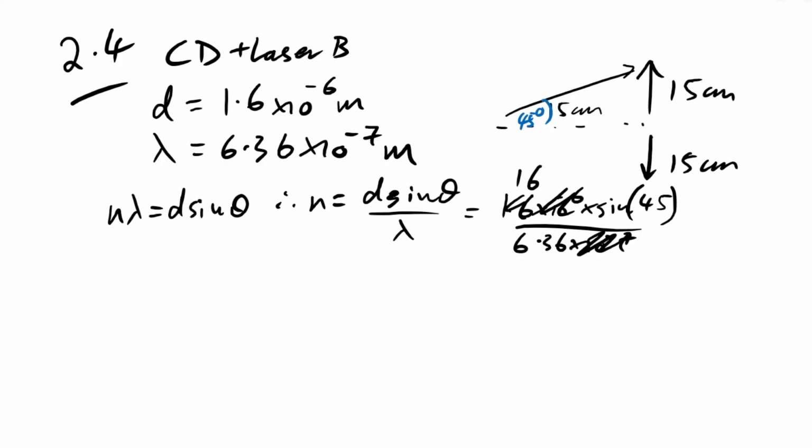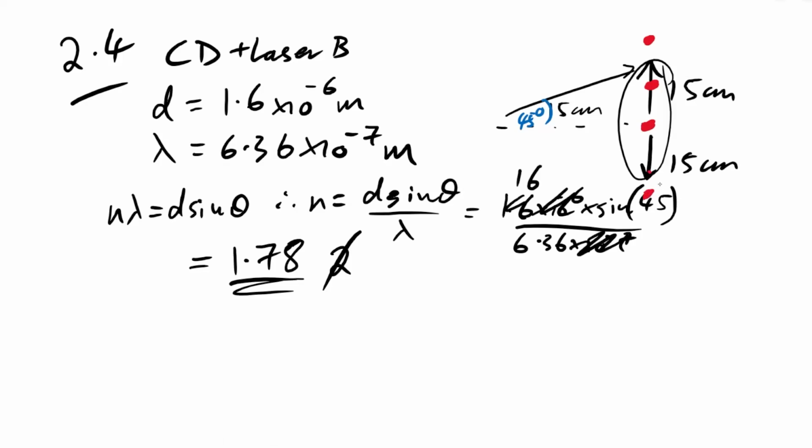All of this hassle because I just chose the wrong laser. So we'd end up with 1.78, let's say. It doesn't really matter. The point is that we will not get the second order appearing on there. So we would get the 0th order, we get 1 there, then we'd have 2 that would be off the screen, and then the second order the other side down here as well.